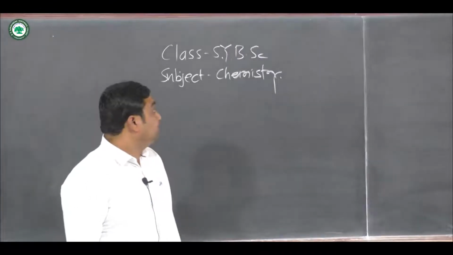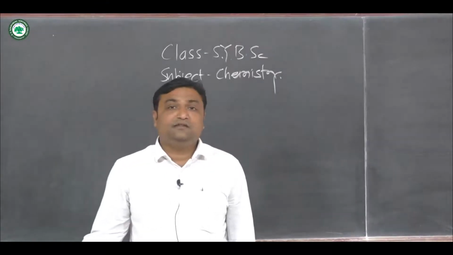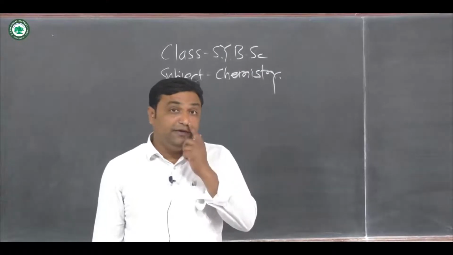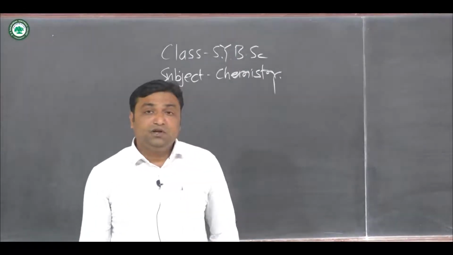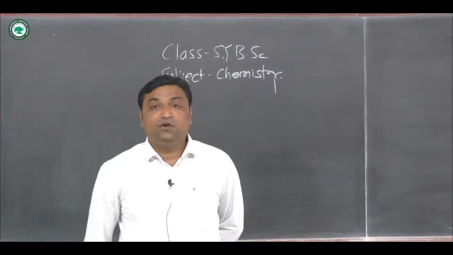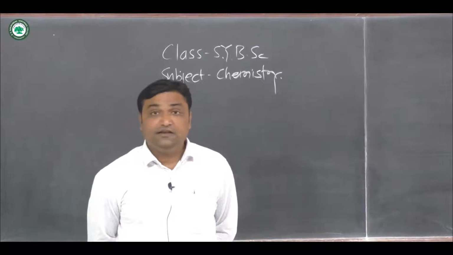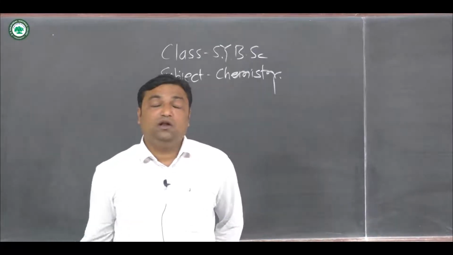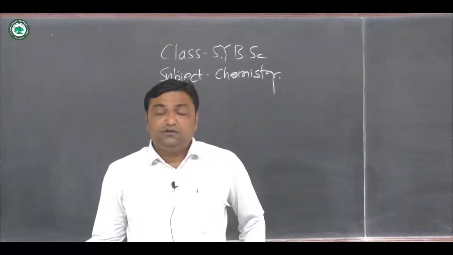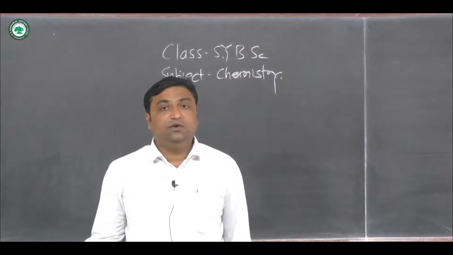We know that in our previous lecture, we just started the chemical reactions of phenol, in which we took the first reaction, that is nitration of phenol. We know that in case of nitration of phenol, we use concentrated HNO3 as well as dilute HNO3.